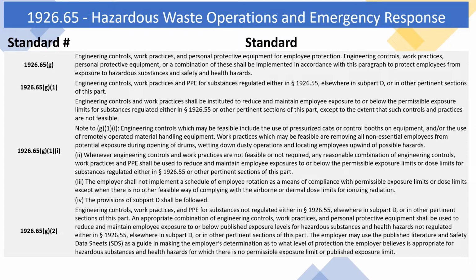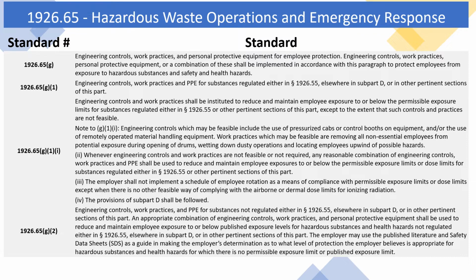Engineering controls which may be feasible include the use of pressurized cabs or control booths on equipment, or the use of remotely operated material handling equipment. Work practices which may be feasible are removing all non-essential employees from potential exposure during opening of drums, wetting down dusty operations and locating employees upwind of possible hazards.